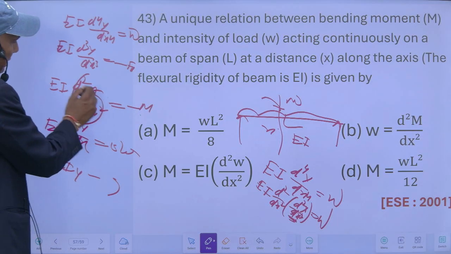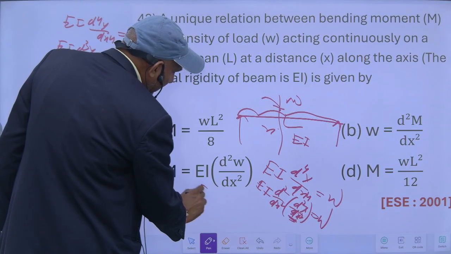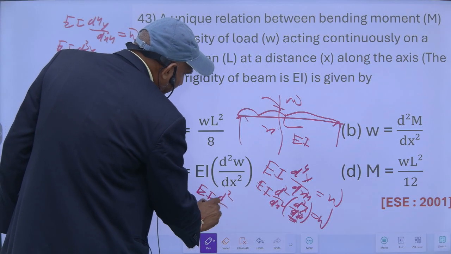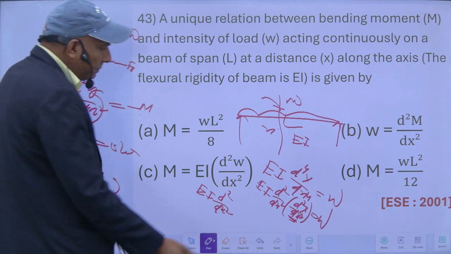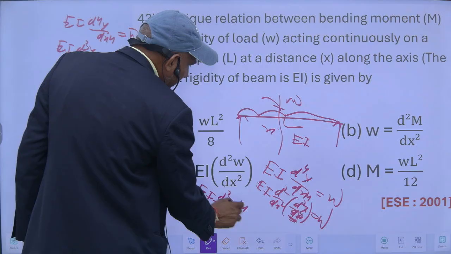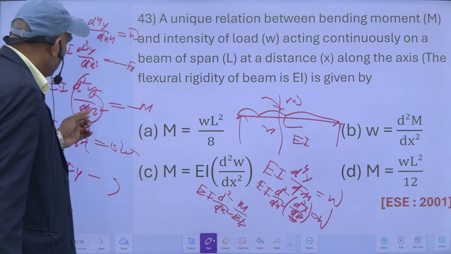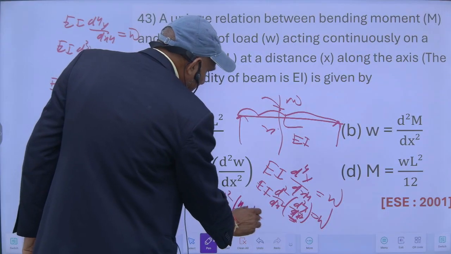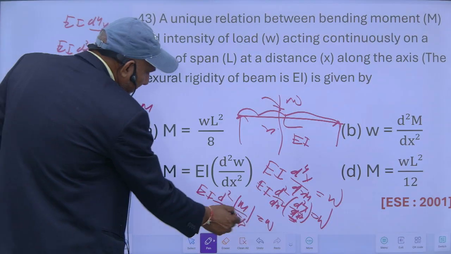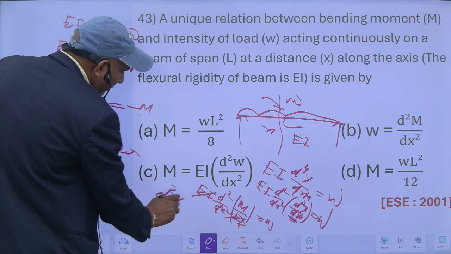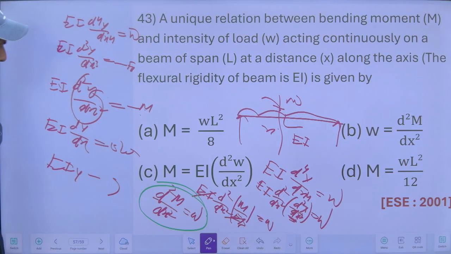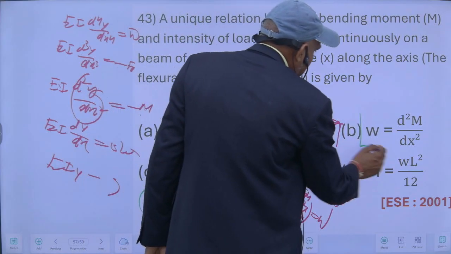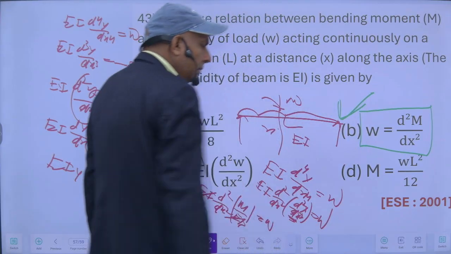So EI into M upon EI is equal to W. This EI will cancel. So the second derivative of moment with respect to x is equal to W. And this is exactly the relation here. So this B is the right option.